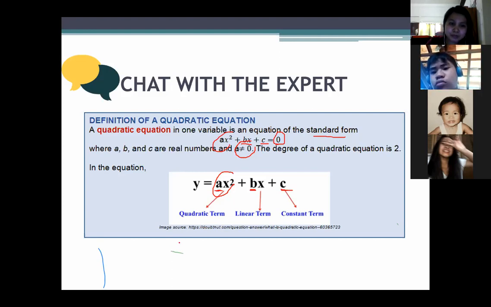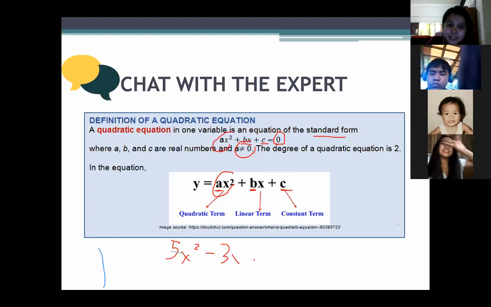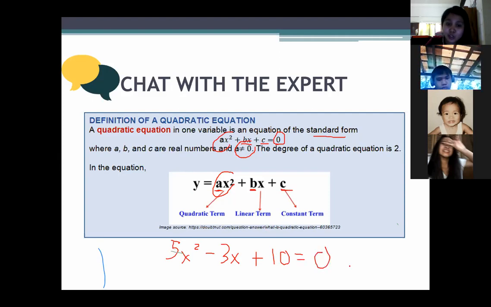So for example, we have 5x squared minus 3x plus 10 equals 0. With this one, it's already in standard form because it's equal to 0. What's the value of a?